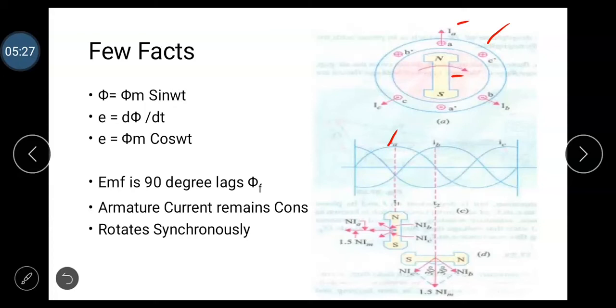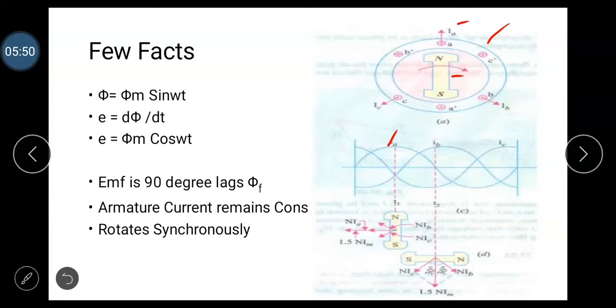In the next case, consider IB, which is the maximum; the B phase current is maximum in this case. Here you have to notice that the direction of the fluxes also changes, that means the north and south poles change.